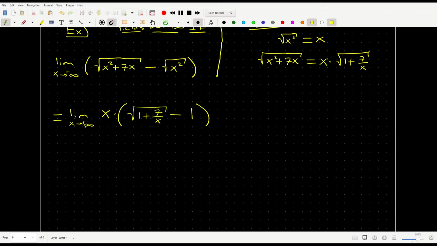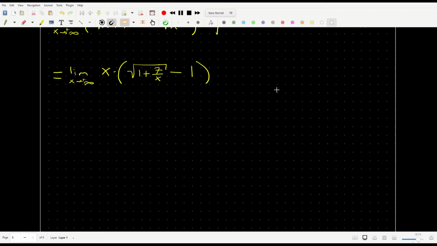And at first, you might not see this, but the square root of 1 plus 7 over x is in a very nice form for us to apply the binomial series expansion with 1/2 in the exponent.